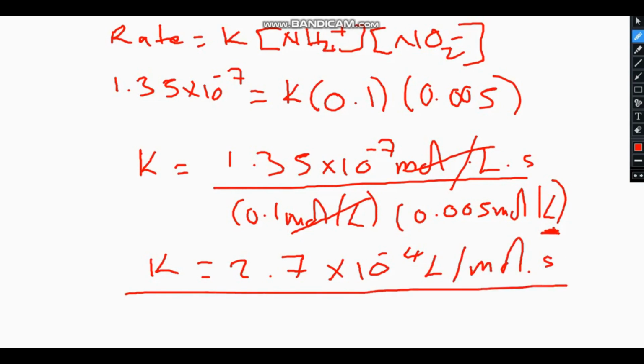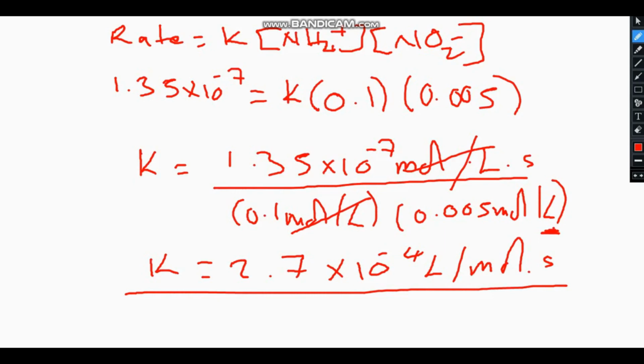So this becomes the K value. You can try to use experiment 2 and experiment 3 to see if you get the same K value. Please look at the dimension analysis, because in some questions they can ask you to state the units for the K value.